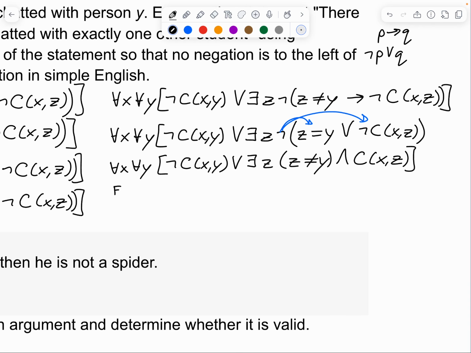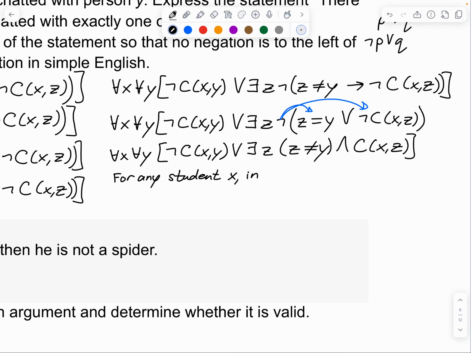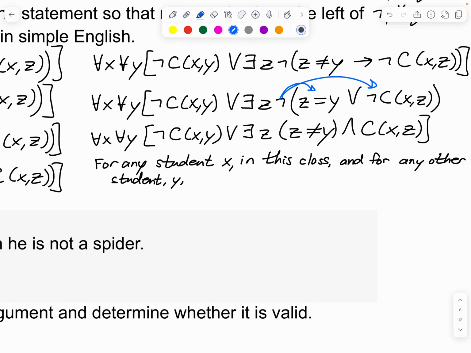So this says, for any student X in this class, and for any other student Y, option number 1 is they have not chatted.